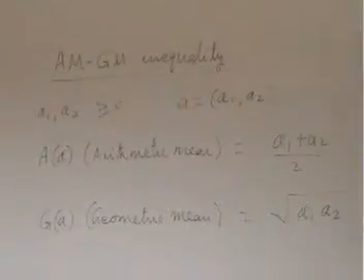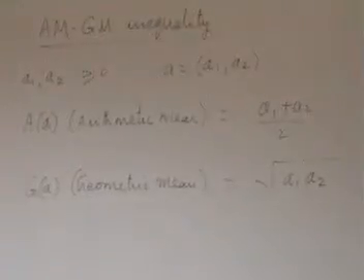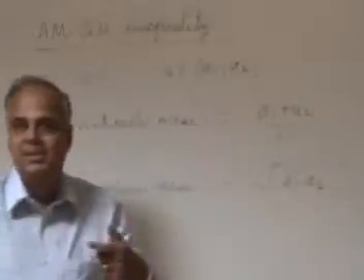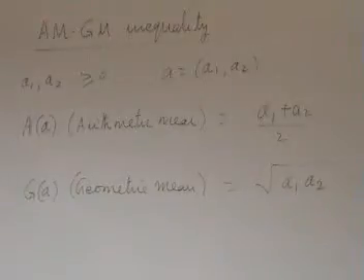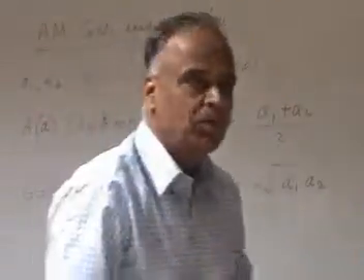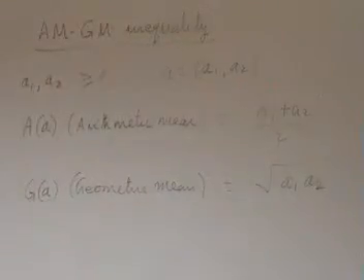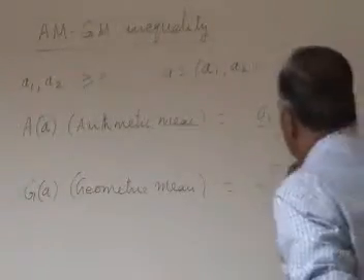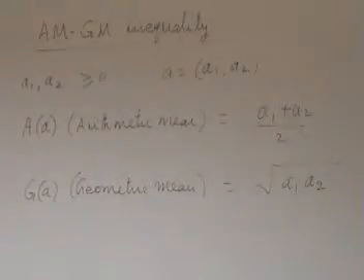Whenever I say square root, see, a1 and a2 are non-negative numbers, the product is non-negative, therefore there are two square roots. We always mean the non-negative square root. When we want to refer to the negative square root, we will write minus square root of this. So the square root always stands, by convention, for the non-negative square root.